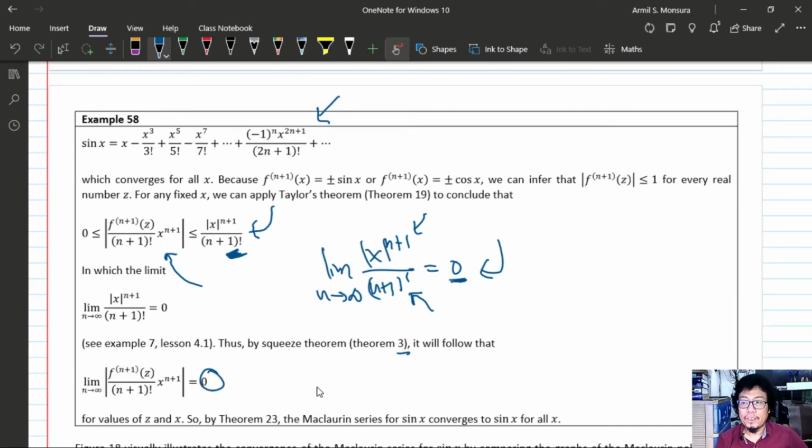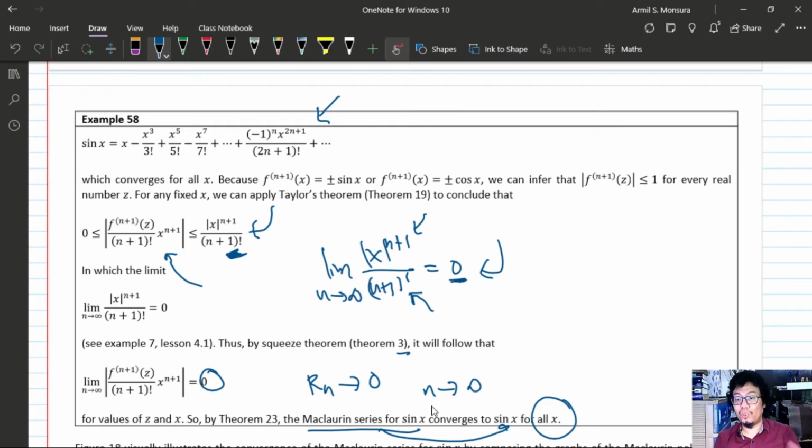So by theorem 23, since your Rn approaches 0 as n approaches infinity, we can now say that the Maclaurin series for sine x actually converges to sine x. And that is for all values of x, because we found that the Maclaurin series converges for all x.